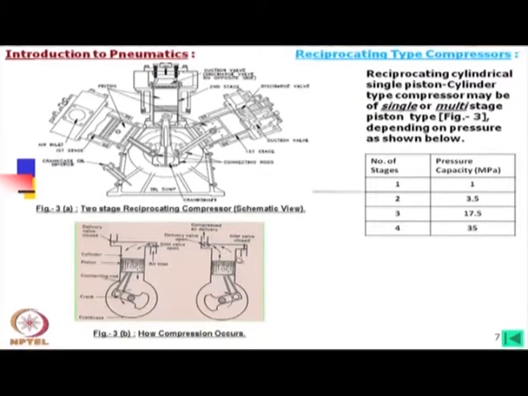Now, if we look into this principle, you know it, but the basic principle is that while it is reciprocating, there will be an inlet and a delivery. Say it is rotating in this direction, so only the inlet port is open, and when it is rotating the other half, then it is being delivered.